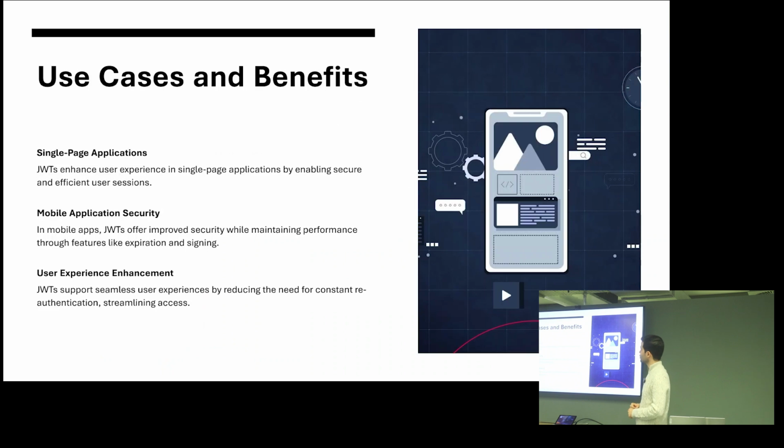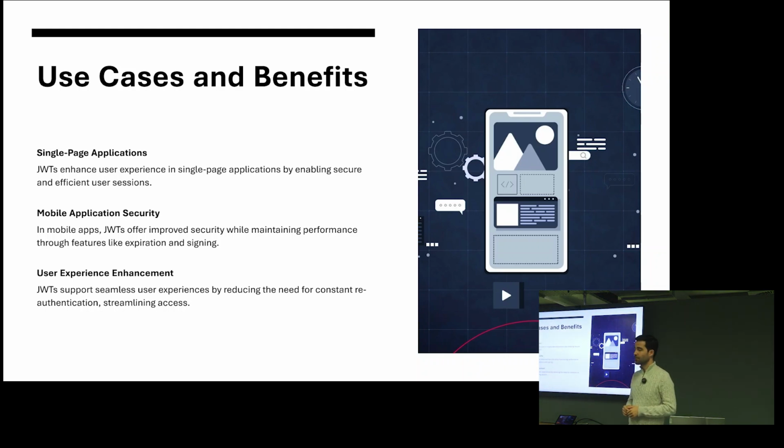It's also quite useful when you're implementing a single page application or mobile application. And it improves the user experience, because in a single page application, for instance, it's quite possible we switch between different microservices. And we definitely don't want to ask the user to enter the password whenever the user switches between microservices. So by using this JWT token, we can actually improve the user experience.